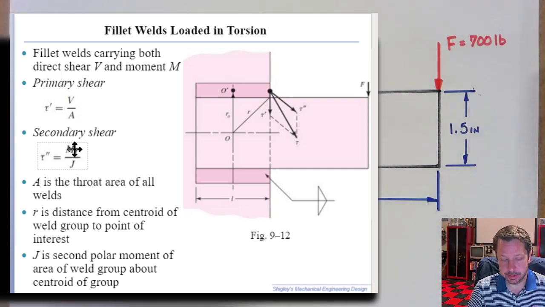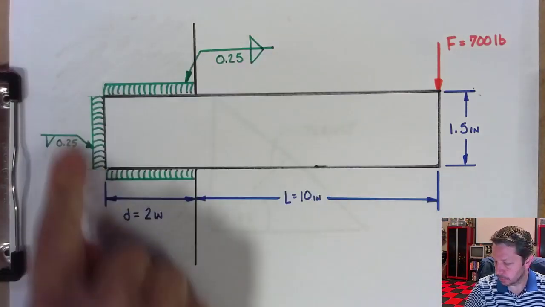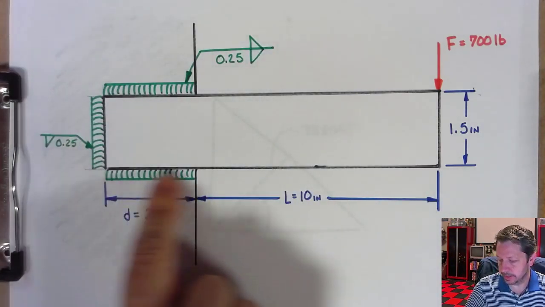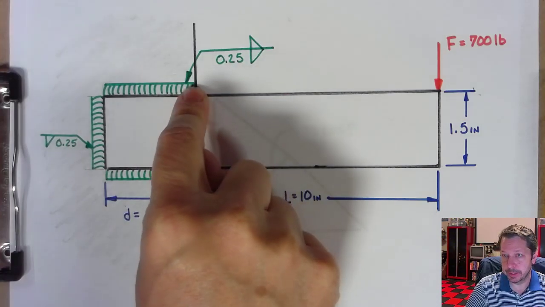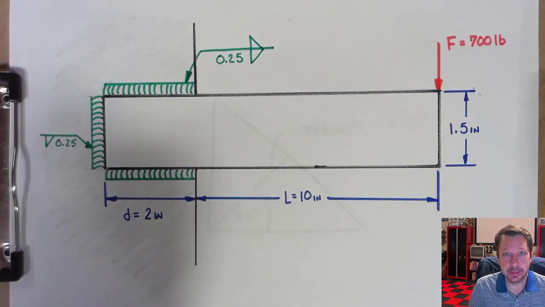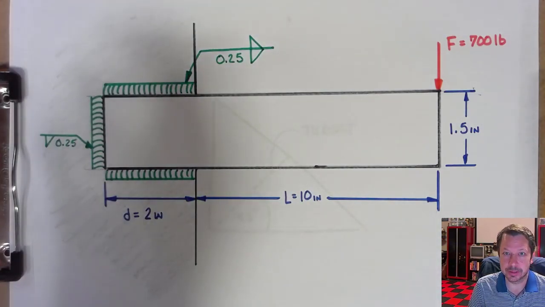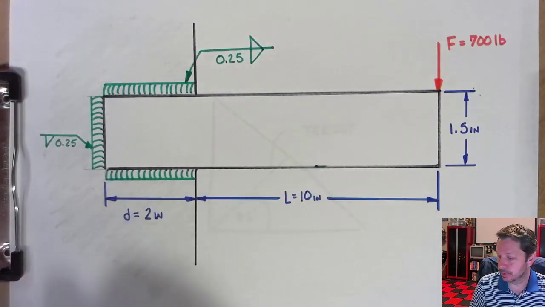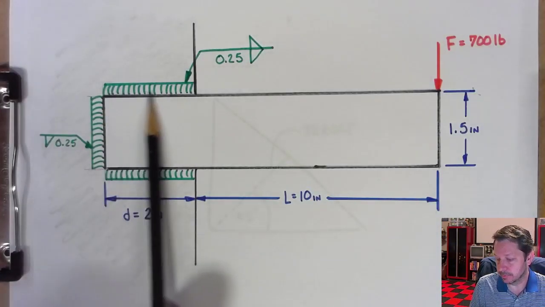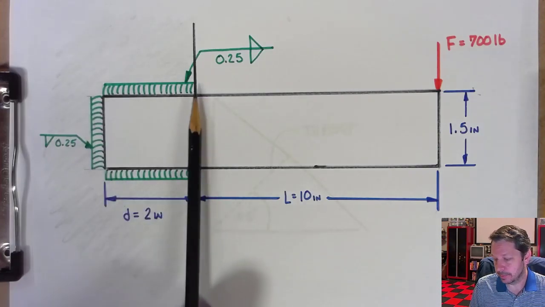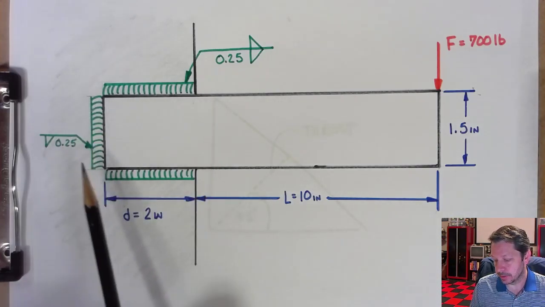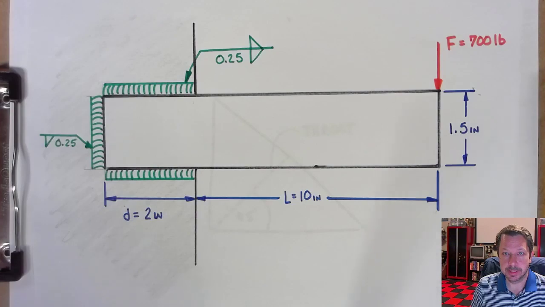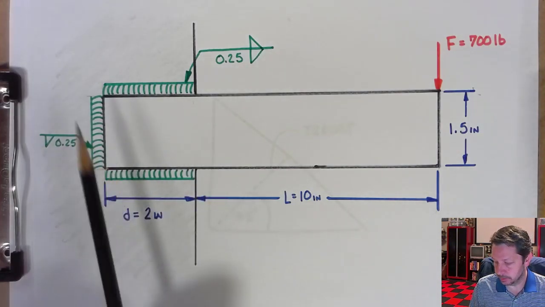So we're going to pick on our weld group over here. I've got the green as the weld group. We're going to pick a point of interest just like we did with a bolt. It was more obvious when the bolts were there because there were discrete bolts, whereas here we have this more continuous type thing. But basically, it's going to be one of the corners for our weld group, just like there was a bolt there.